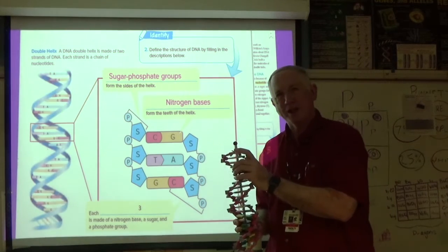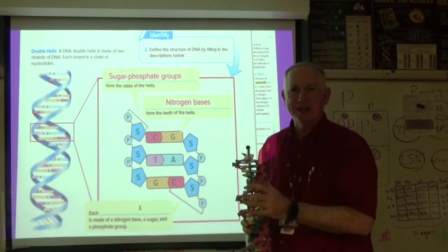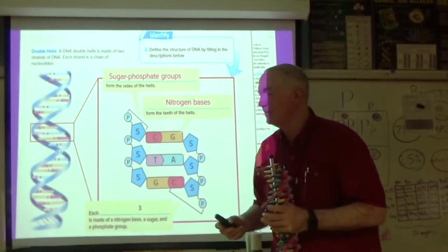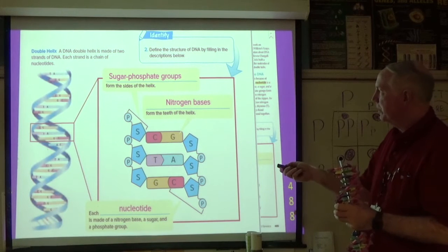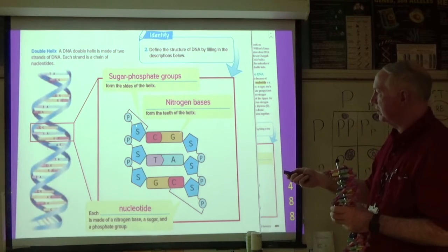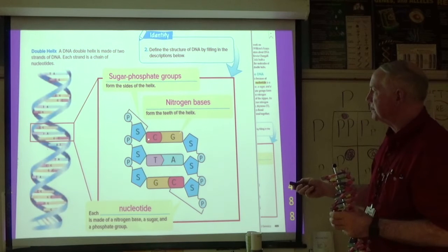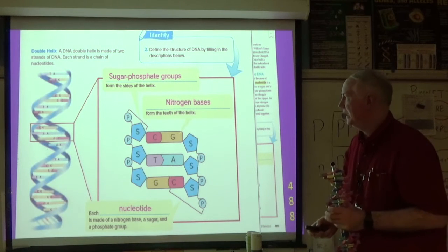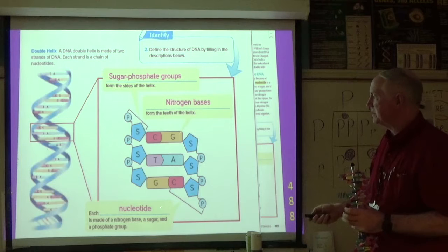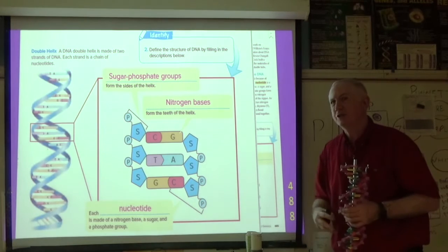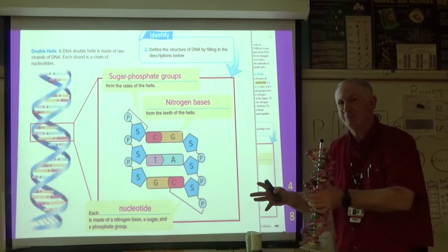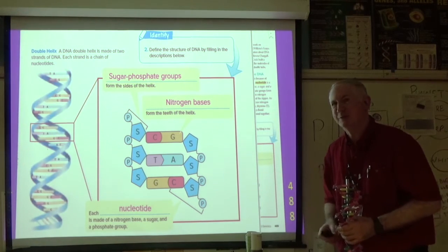Remember, they're in the four-letter code of A, T, C, and G: adenosine, thymine, guanine, and cytosine. And together with the phosphate and sugar and the nitrogen base, we get a nucleotide. So those are some of the fancy words that you'll be putting on your concept map, that you'll be taking a picture of and uploading to Google Classroom soon.